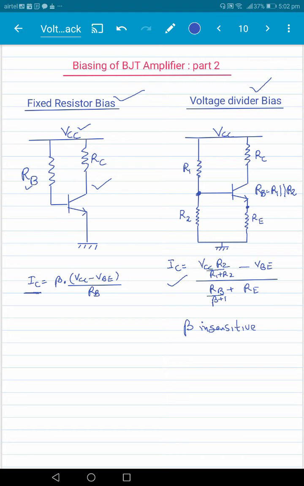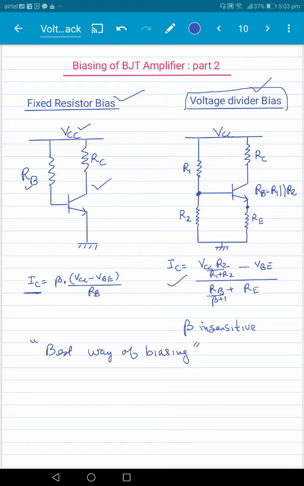One of the things is that when this particular circuit, voltage divider bias, is presented, it is presented as the best way of biasing. Many times you may hear that the best way of biasing is the voltage divider bias here. Best way of biasing, and I'll put it under quotes here.